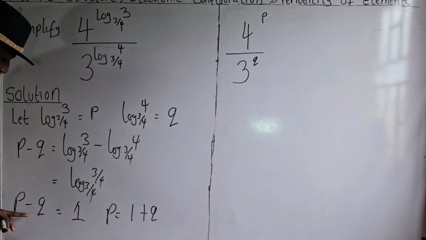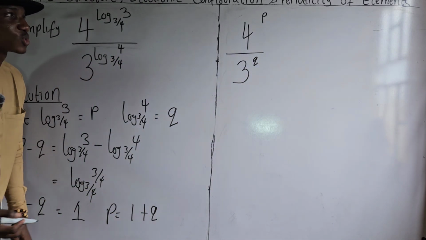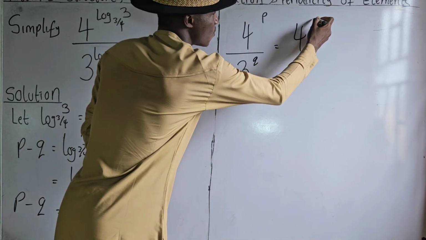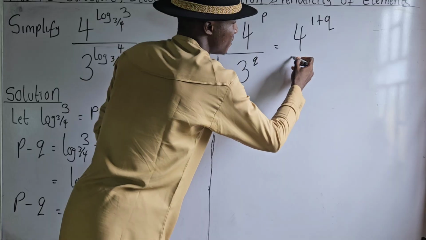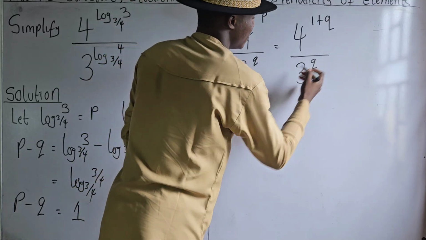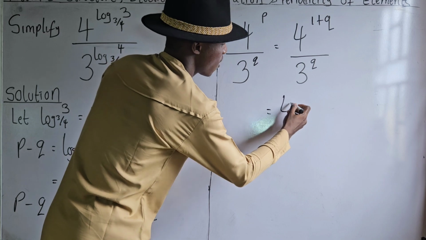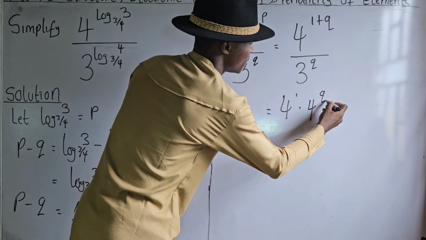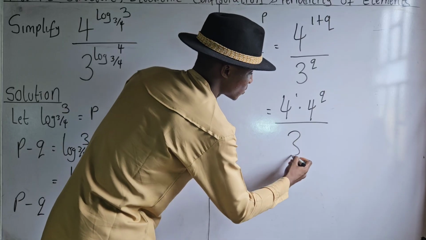Now, do not forget that p equals 1 plus q. So I'm going to have 4 raised to the power of 1 plus q divided by 3 raised to the power of q, right? And this will be equal to 4 raised to the power of 1 multiplied by 4 raised to the power of q, divided by 3 raised to the power of q.